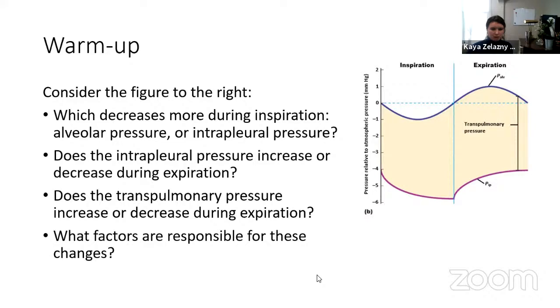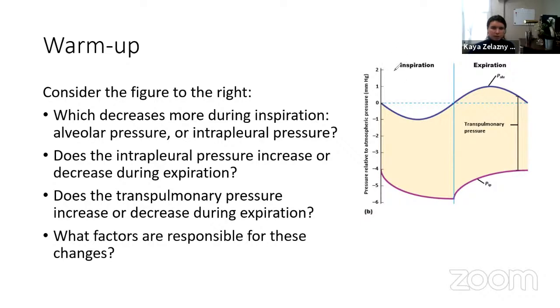Okay, so now that we've had a second to look at this on our own, let's look at this together. What we're looking at on the right here is a chart of the pressure in the alveoli and the pressure in that intrapleural space over the course of a full breath.